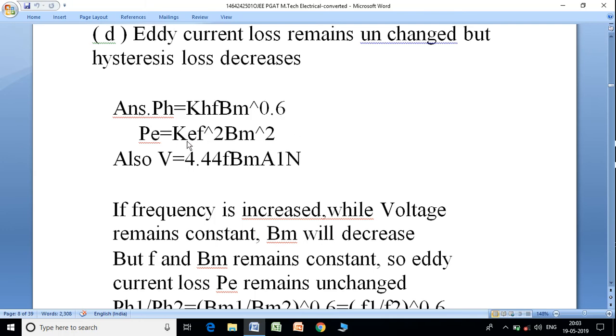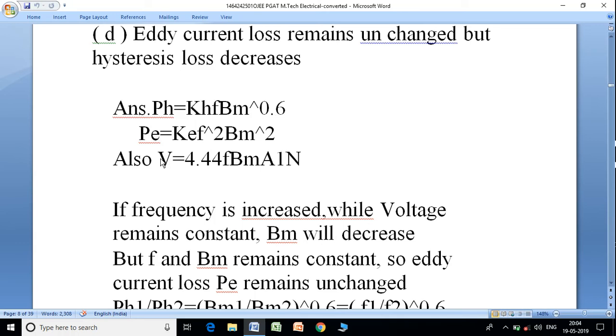Similarly, eddy current loss is equal to eddy current constant into f square, that is square of the frequency, then square of the maximum flux density. So this is the formula to calculate the hysteresis loss, and this is for eddy current loss.